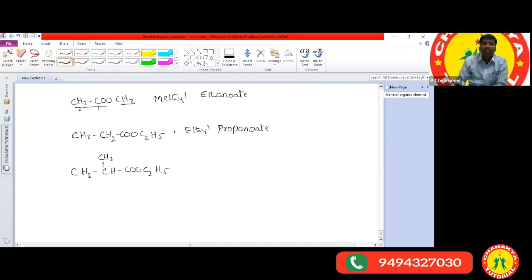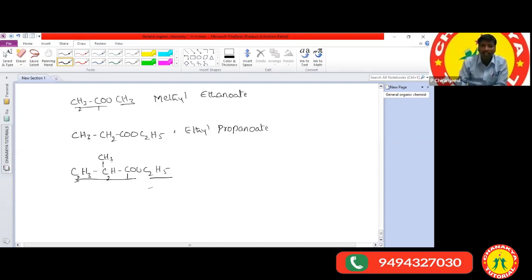Okay. What is the IUPAC name of the given compound? In this one, the alkyl group is C2H5 and this part is the alkanoate. This is the major functional group, so we have to start the numbering from here: 1, 2, 3. The substituent is a methyl group.